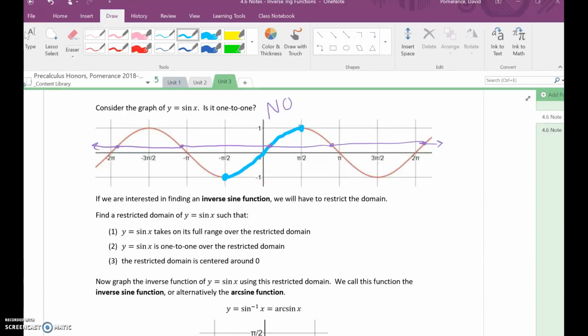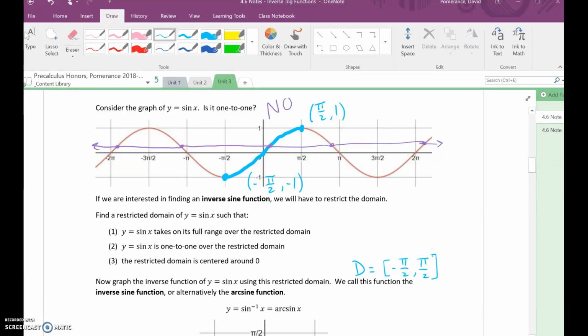So our new domain hits the minimum here at -pi/2, -1. We hit the maximum here at +pi/2, +1. So the domain restriction is going to be the -pi/2 to pi/2 interval, including the endpoints.